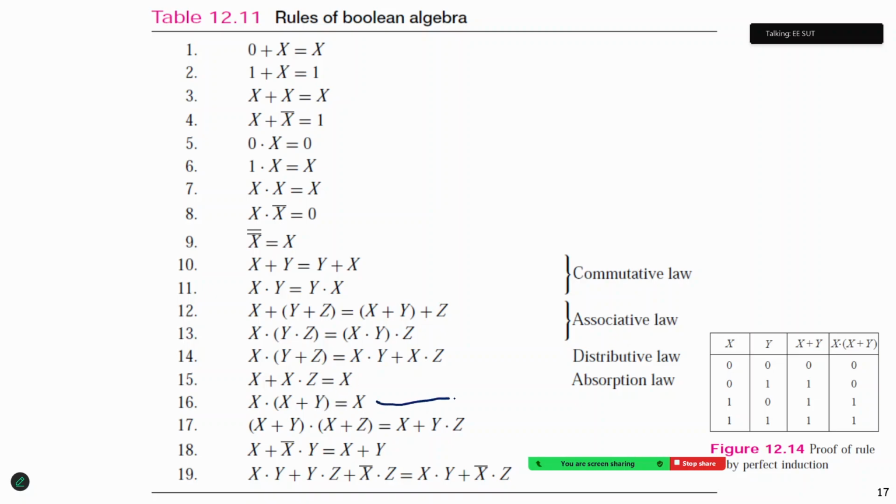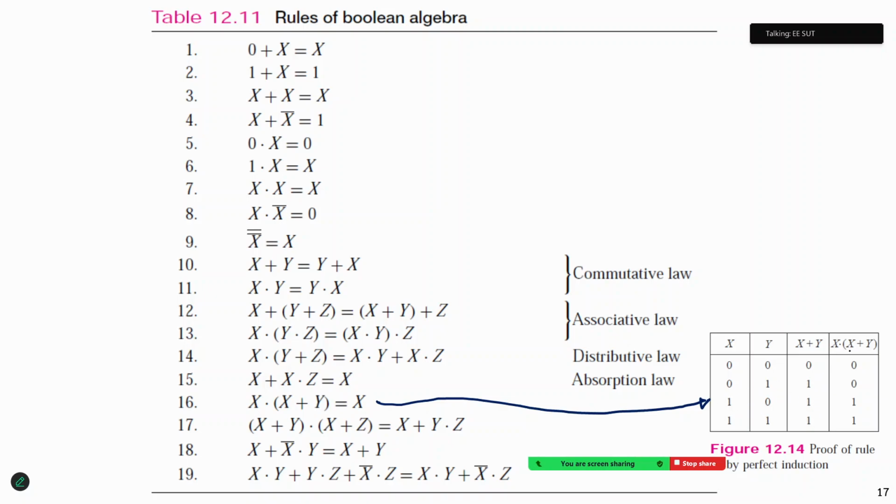Rule number 16 can be proved with this truth table. So if we have x and y: 0, 0, 0, 1, 1, 0, 1, 1, x or y will be 0. 0 or 1 would be 1. 1 or 0, we get 1. 1 or 1, we get 1.